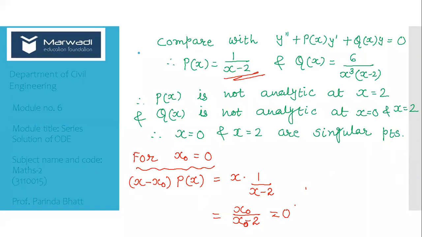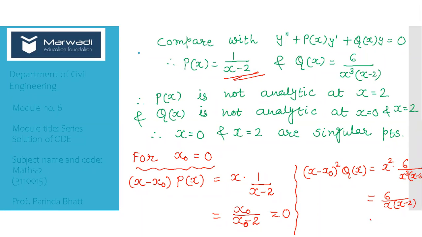And this is 0. And the other condition, (x minus x0) squared times q of x. Therefore, x squared times 6 by x cubed (x minus 2), and the remaining is 6 by (x minus 2). When we put x equal to 0, it's also infinite.